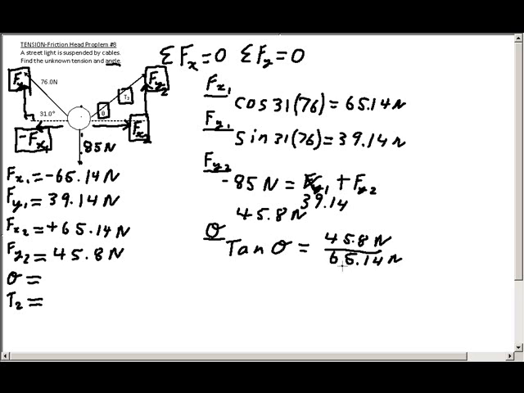So solving for theta, you get 35 degrees.